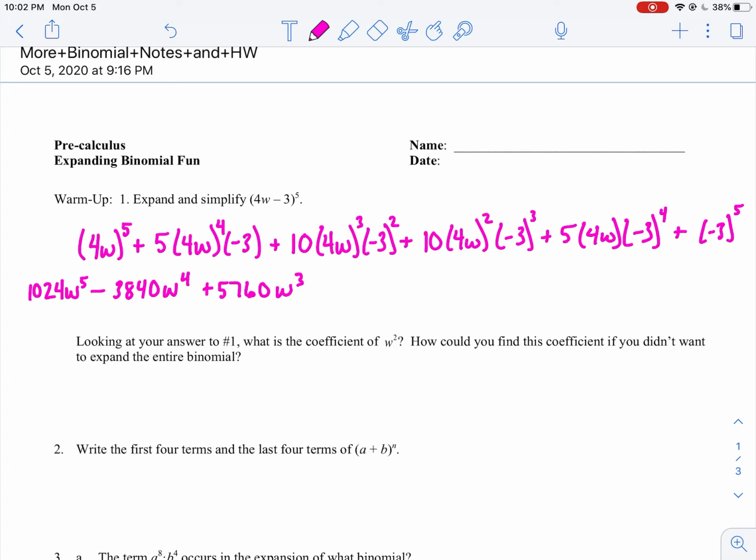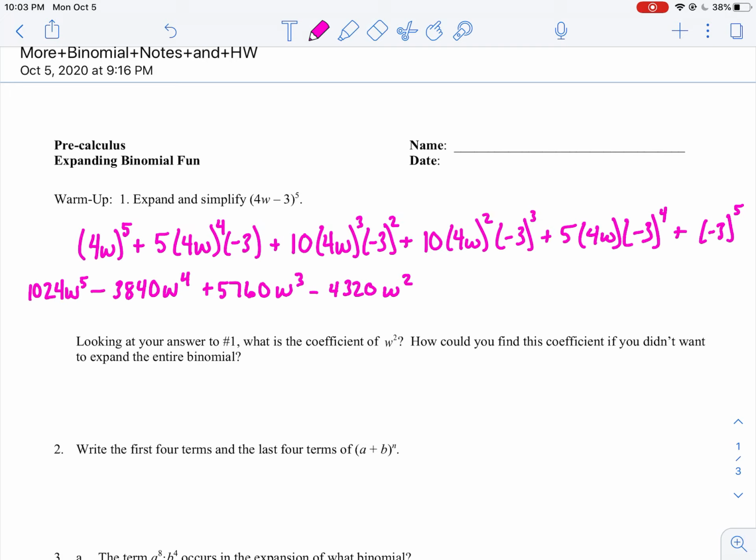w to the third. And then I'm going to have 4 squared is 16. All right, so I want to have 10 times 16 times 3 to the third is 27. So that one's going to be negative. So negative 4,320 w squared. And then I've got negative 3 to the fourth.